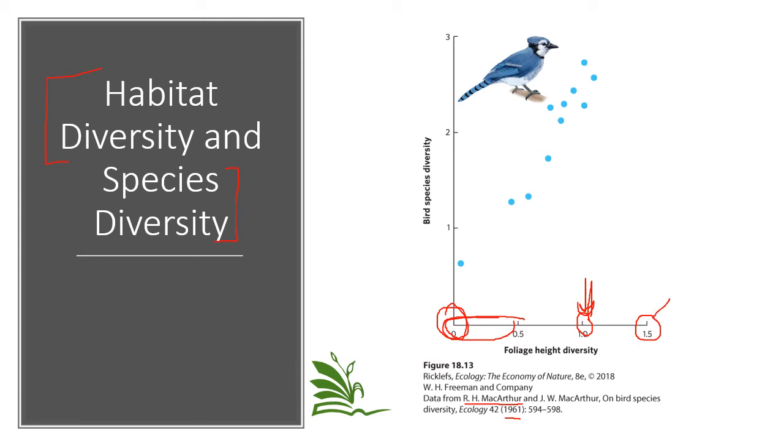And so what he saw, you can imagine some trees, at least at low diversity, you might expect you're in a plantation and every tree is the same height, whatever the height is. And so birds can only perch or sit at one particular height, right?